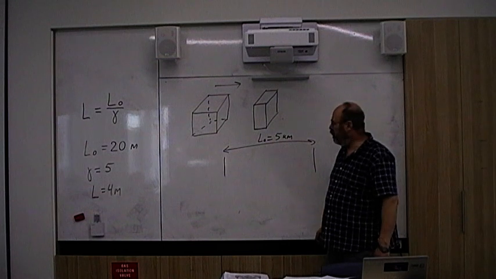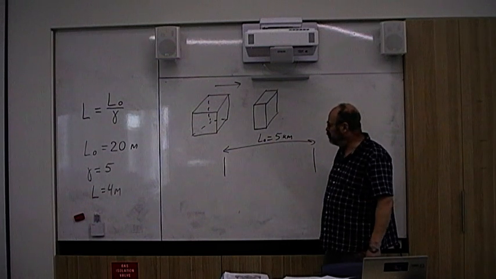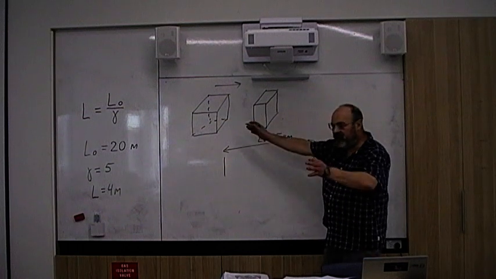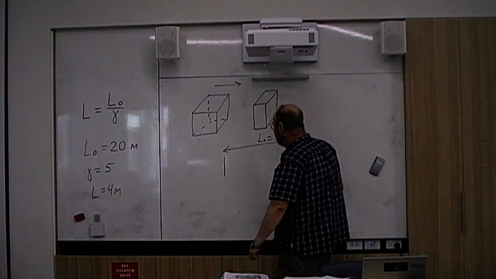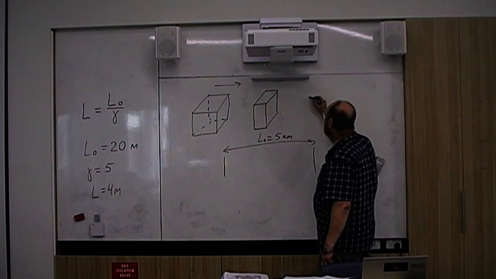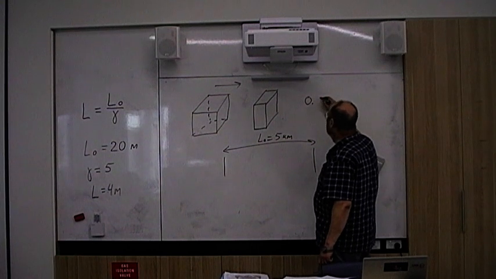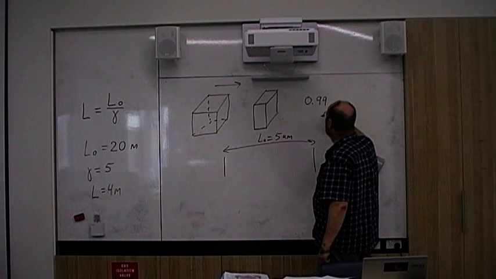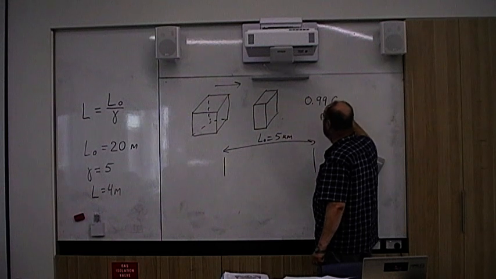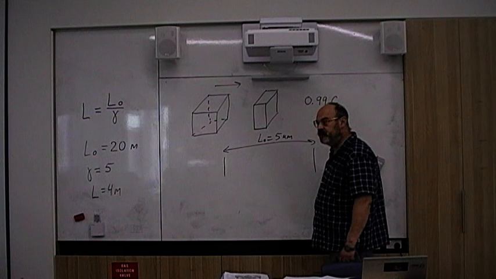And we have muons, or some particles, moving with a high speed, let's say 0.99 of c. Let's calculate what the speed will be.